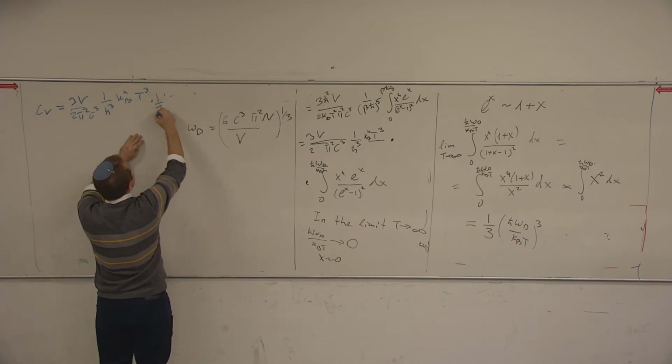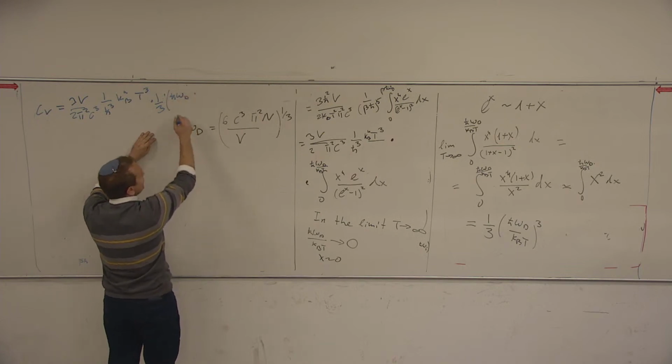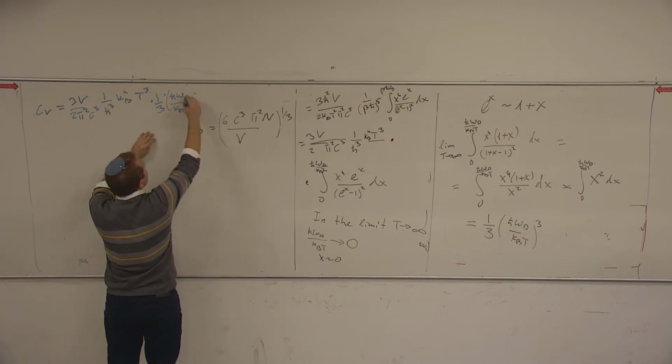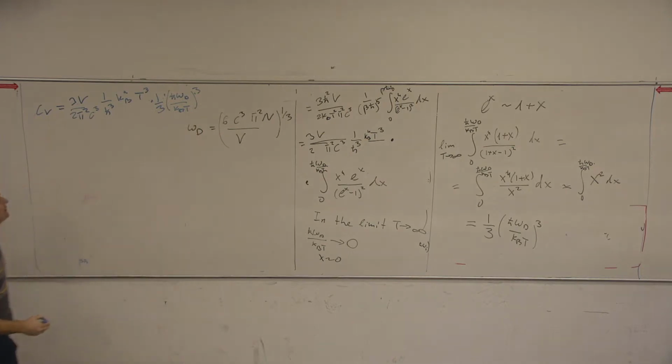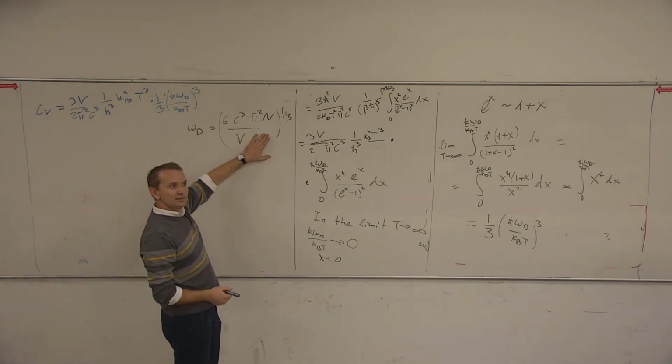Multiplied by 1 over 3, h bar omega Debye divided by k Boltzmann t, to the third power. And omega Debye is this nice thing over here.